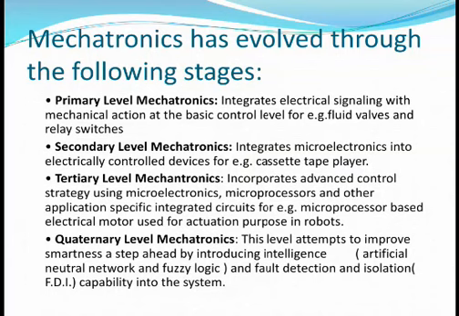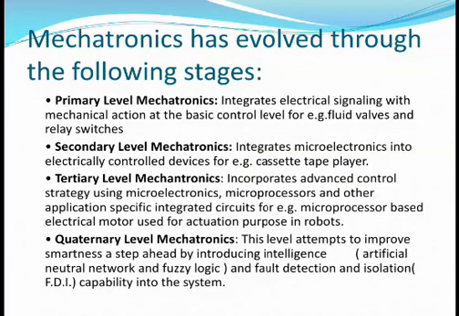And now we are in the quaternary level of mechatronics, where it attempts to improve smartness a step ahead by introducing intelligence, that is neural network and fuzzy logic, and fault detection and isolation, which is called FDI capability, into the system.